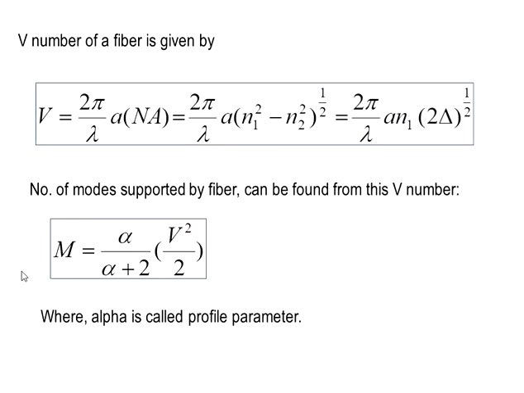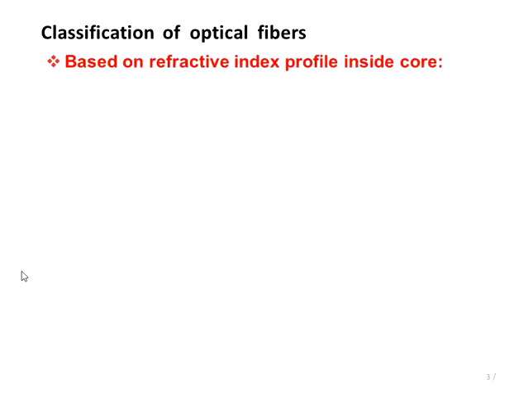Now, depending on the number of modes supported by the fiber and the profile parameter alpha, we have different classifications of optical fiber. The first category depends on the refractive index profile inside the core.